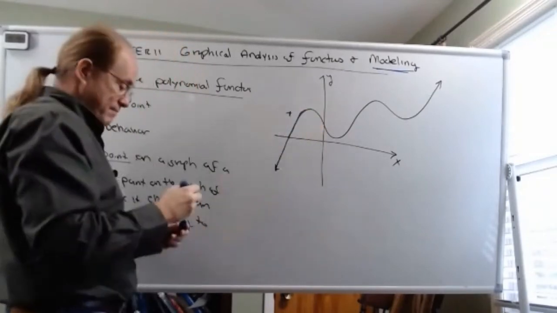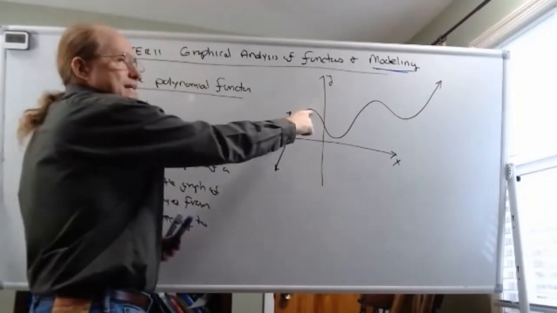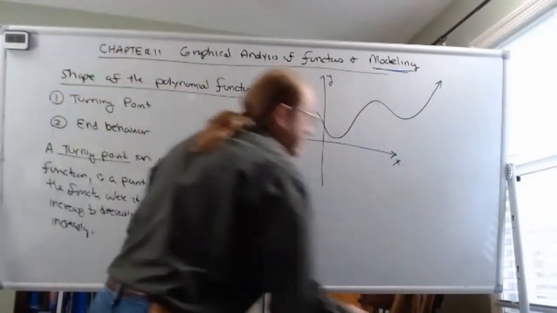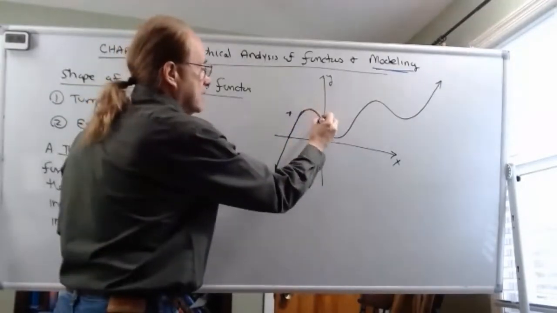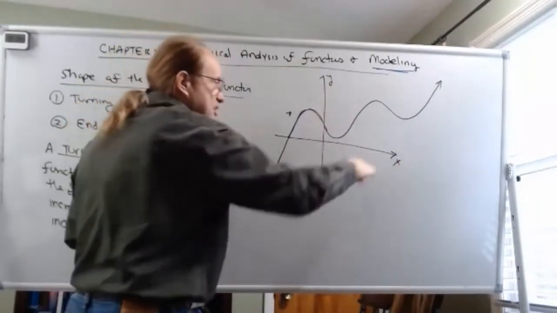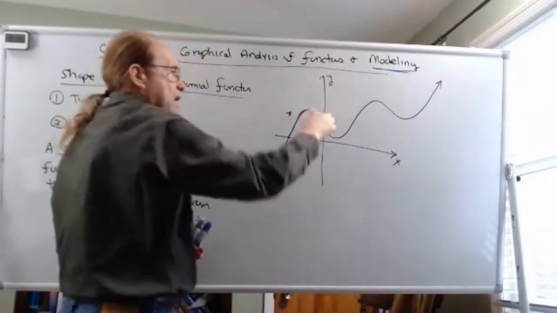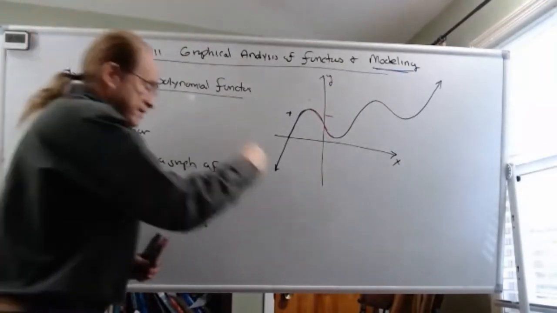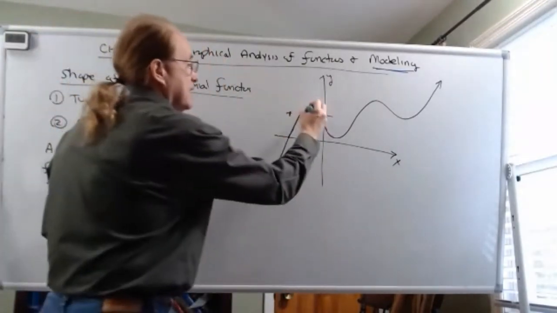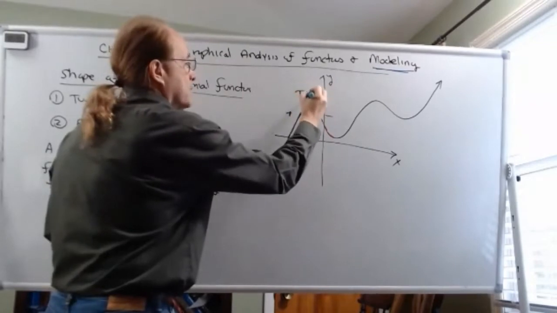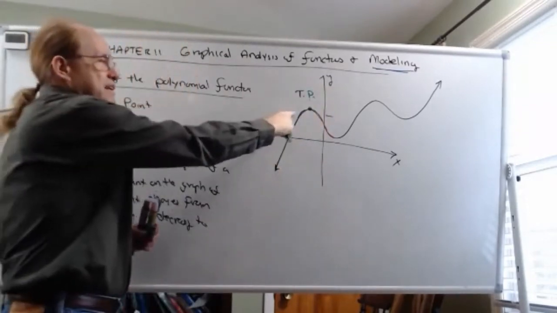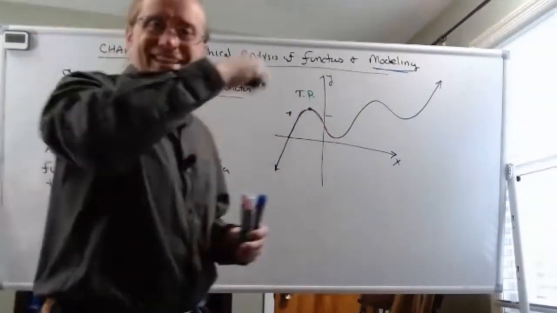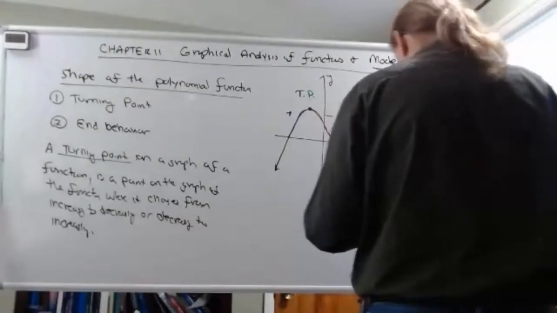At the top of the hill, I'm no longer increasing or decreasing, but on the other side, I'm decreasing. I'm going down. As x increases, my y output goes down. So what does that mean? Well, that means this guy right here is a turning point. I go from increasing to decreasing. It will always occur at the little peaks and valleys in my graph.